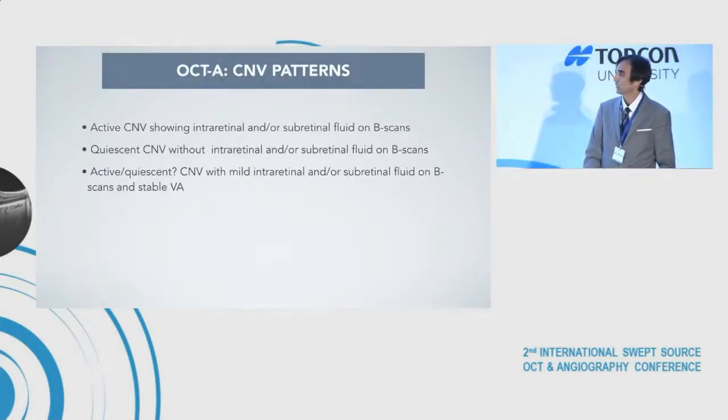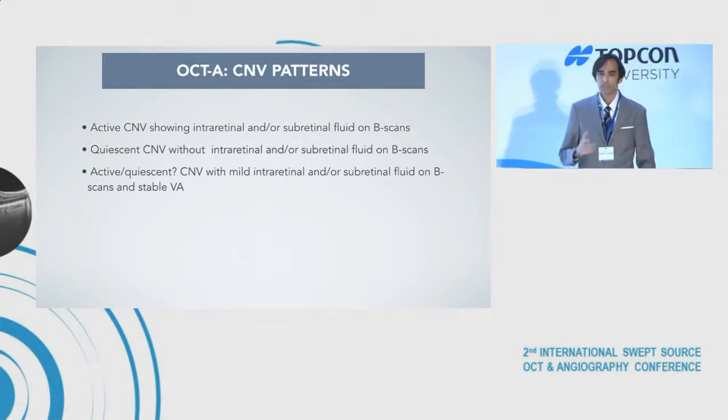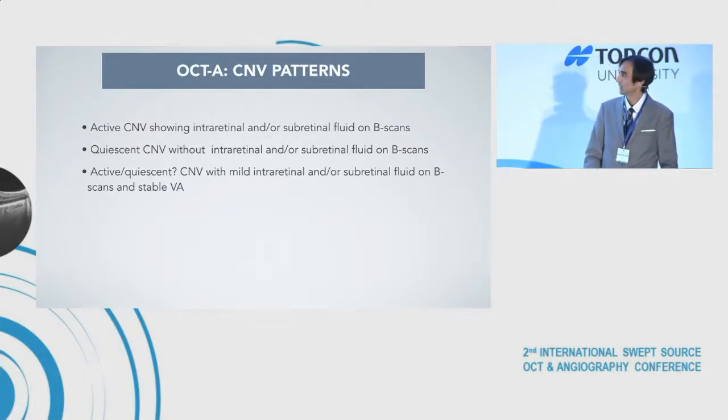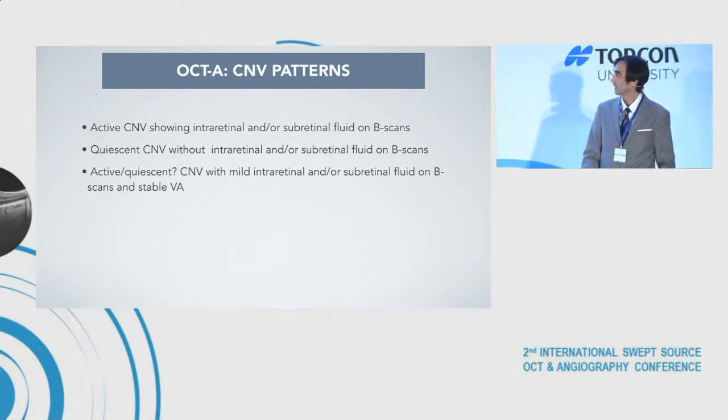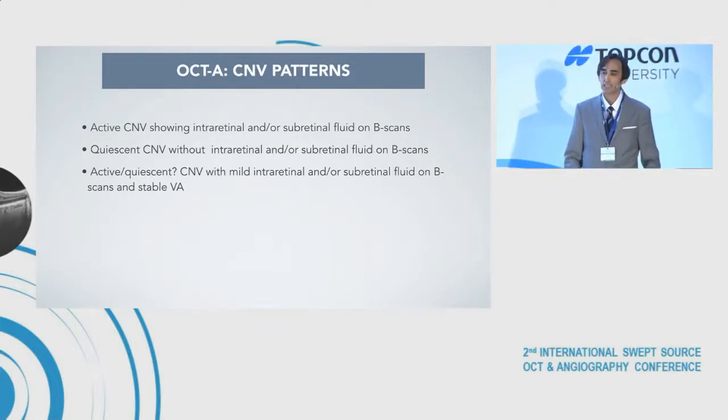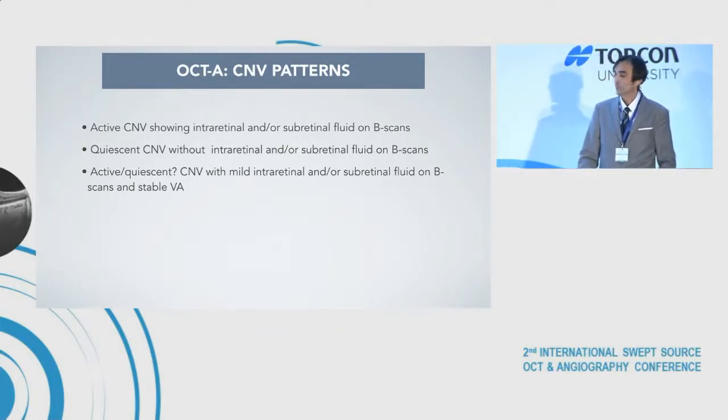With OCT angiography, we can basically determine 3 different CNV patterns. An active CNV showing intraretinal and/or subretinal fluid on B-scans, a quiescent CNV without fluid on B-scans, and a third, doubtful type of lesion with mild intraretinal fluid with a stable visual acuity.